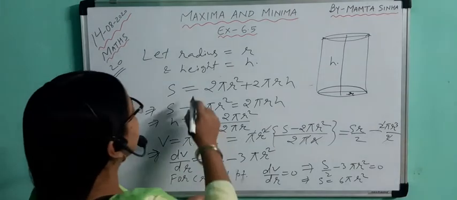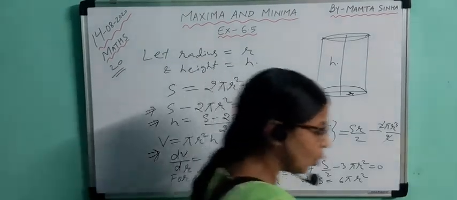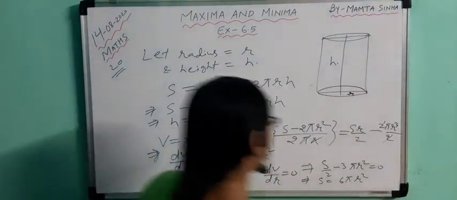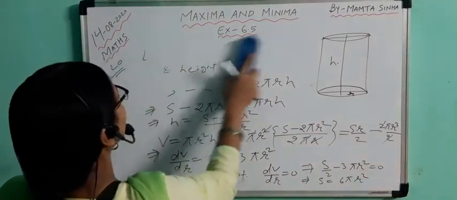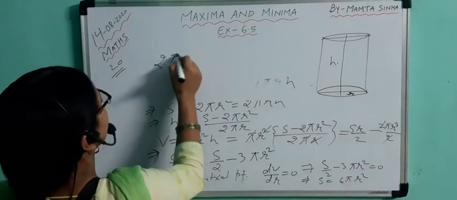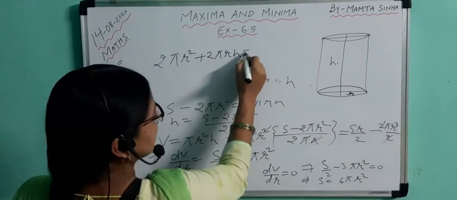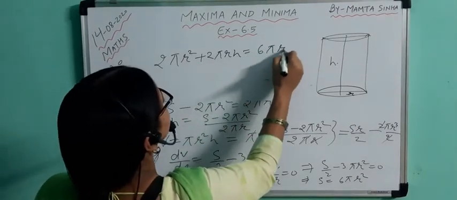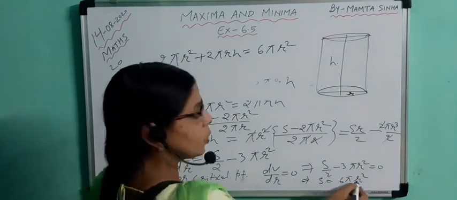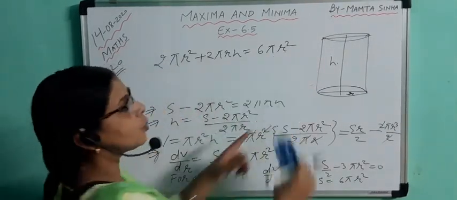Now we know that the value of S is 2 pi r square plus 2 pi r h. So put the value of S: 2 pi r square plus 2 pi r h is equal to 6 pi r square, where S means the surface area of this right circular cylinder.